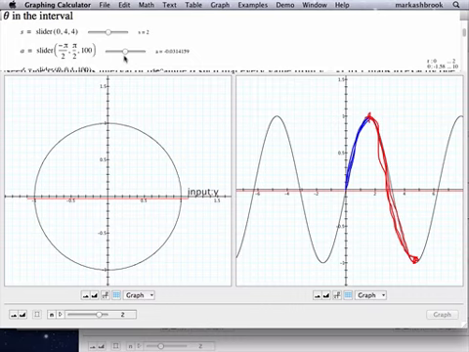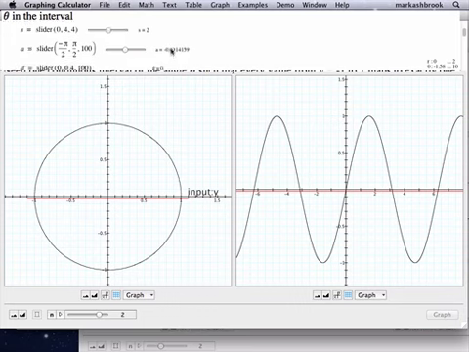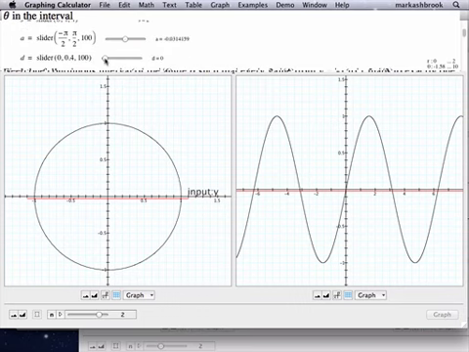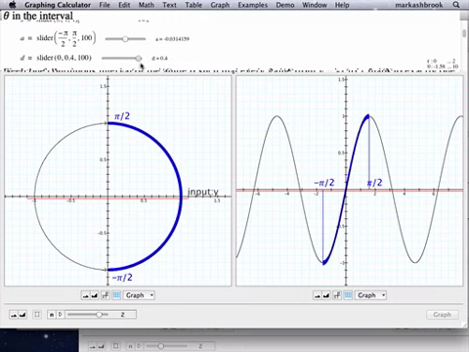So let's go back to the blue one. How can we improve on the blue one? Okay, so he said, go the other half, go negative. And so this is exactly what we do. We look at from negative pi over 2 to pi over 2.